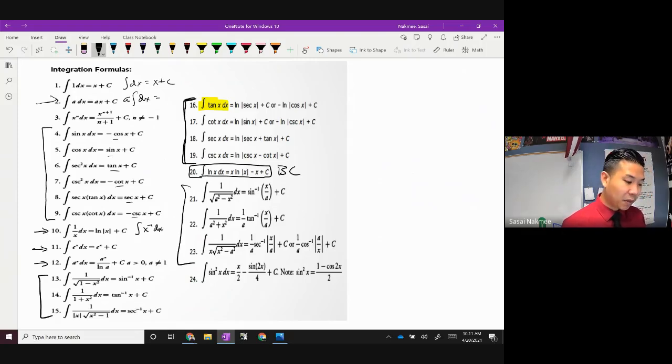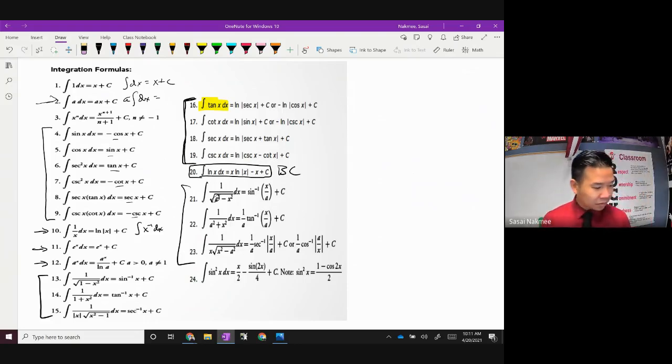If a is another perfect square, it works out the same way, but you have to add a little more. For example, if this were 9, that would be 3 squared, so the answer would be arcsine of x over 3. With tangent and secant, you have to make sure you include that 1 over a in front.